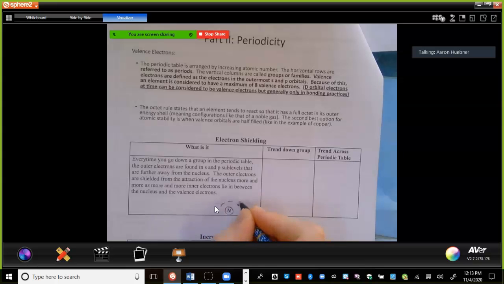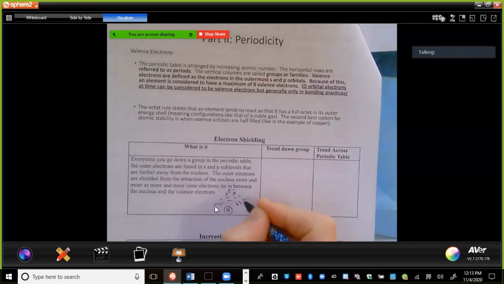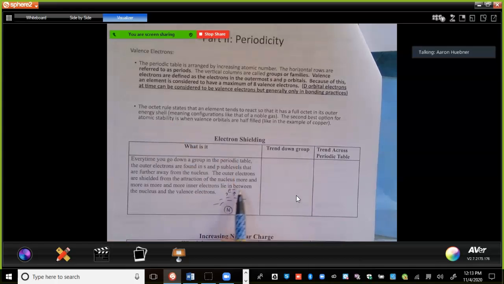These are negative electrons, and we've got a little itty-bitty valence electron over there. And what's happening is electrons are negative and they repel each other. This electron wants to get to the nucleus, but it's being pushed away by the inner electrons. And the more and more inner electrons you have, the greater that repulsion, or that push away from the nucleus is. We call that electron shielding, because the inner electrons are shielding the outer electron from the nucleus.